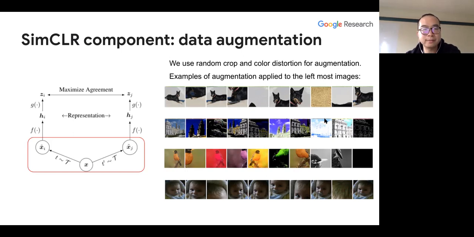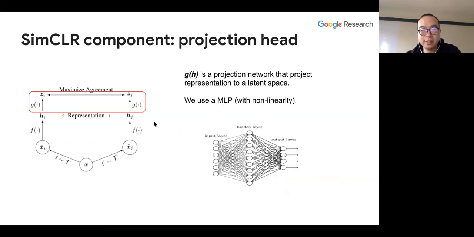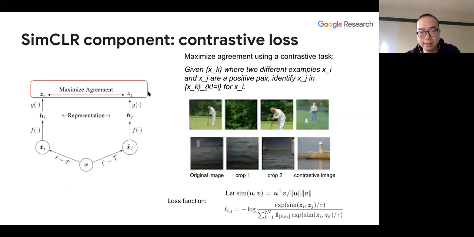And then we use a ResNet, but it can be anything else in this work, to do the feature encoding. And after the feature encoding, we put an additional MLP network on top to project it into a latent space where we define the agreement.